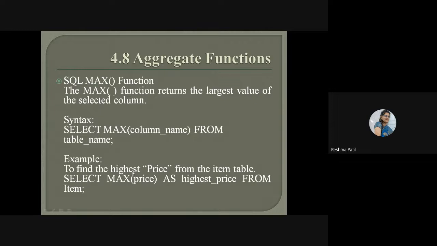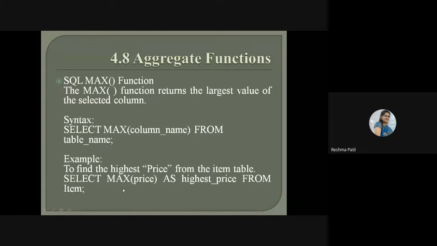Example, to find the highest price from the item table. Various items are stored in the item table. From those items, which item price is highest? If you want to get that price, then you can use the max aggregate function. Select max of price, the column on which we are applying it, as highest price from item.